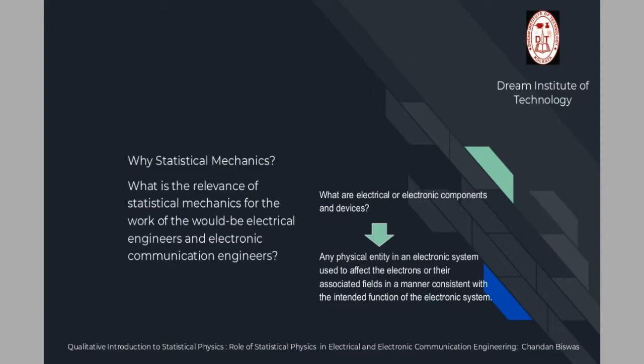To begin with, what are electrical or electronic components and devices? An electronic component is any physical entity in an electronic system used to affect the electrons or their associated fields in a manner consistent with the intended function of the electronic system. Electronic devices are components that may be active: diodes, rectifiers, transistors, or integrated circuits, or passive: resistors, capacitors, inductors.